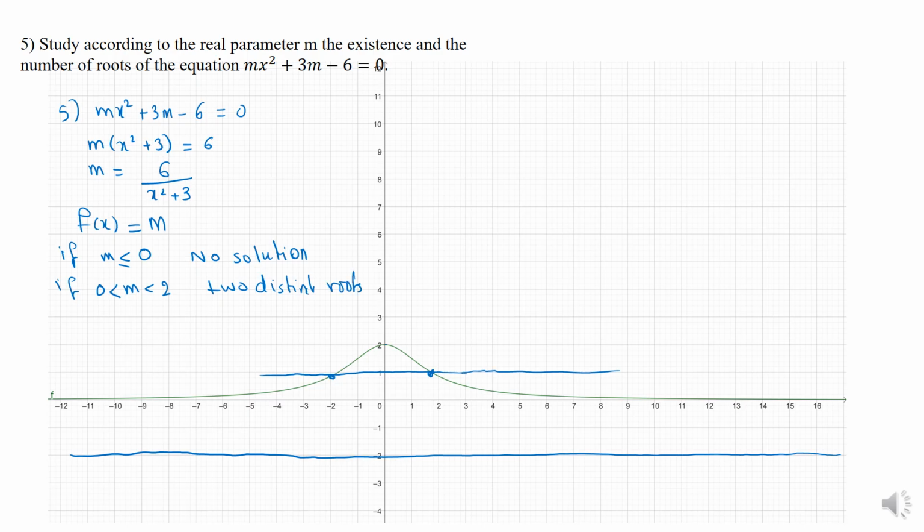Now if m is 2, we have one unique solution. If m is equal to 2, we have one root or one solution. If m is greater than 2, there is no intersection between the curve and m. So if m is greater than 2, you have no solution.